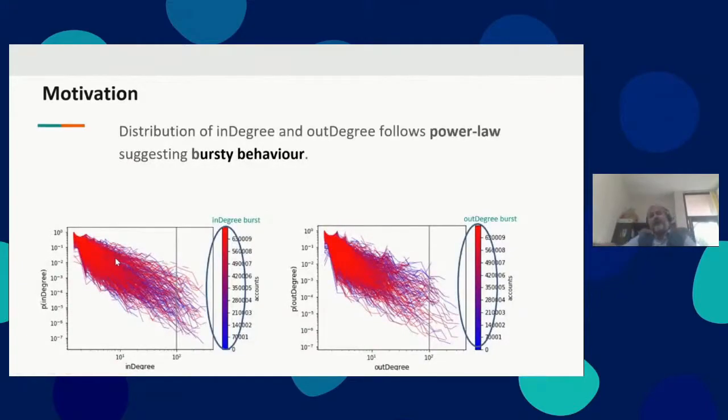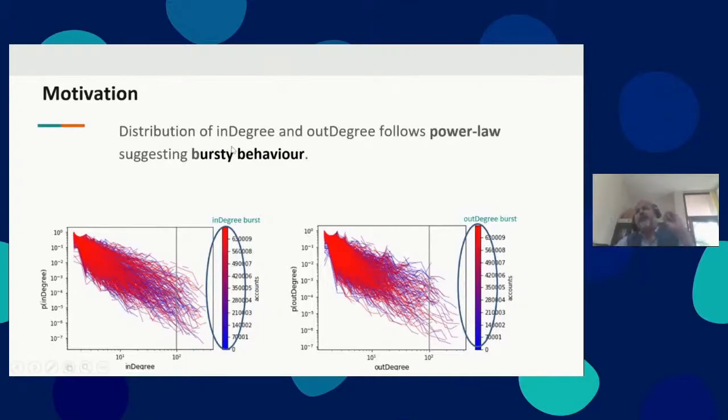The second thing that we have found is that when you consider these graphs, there is a lot of bursty behavior. That is, most accounts do very little activity, but there is a significant number of accounts which do a lot of activity. So for example, in-degree and out-degree of the accounts.